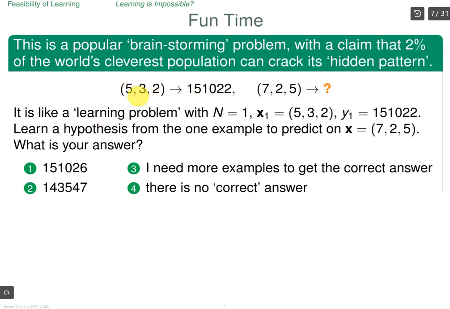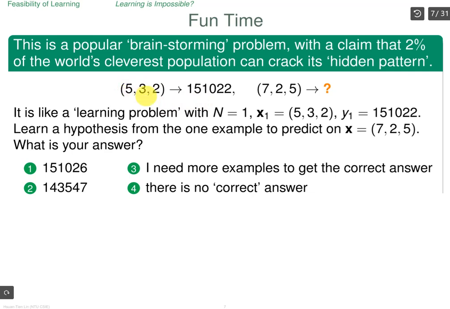So can you generalize or generate output for this? Here it's like a learning problem with one example. X is 5, 3, 2, y is 15, 10, 22. Okay? So learn a hypothesis from the one example and predict on the X test example. What is your answer? Take your time and try to figure out the correct answer. What is clear is that there is a designer, someone who has come up with the following relationship.